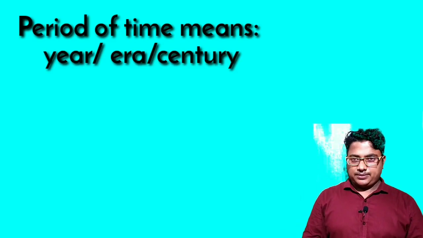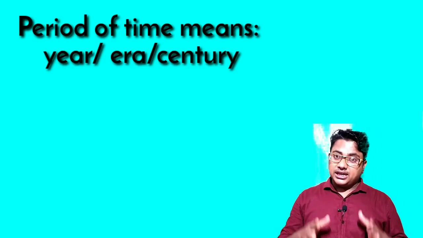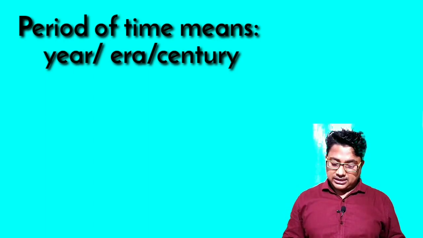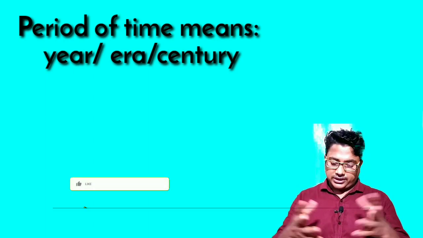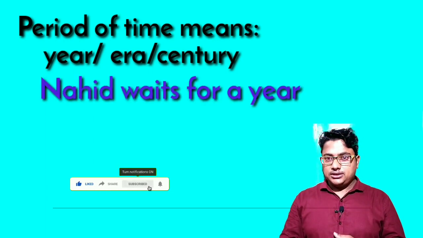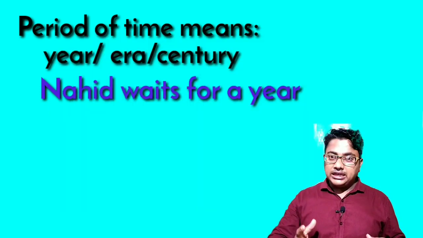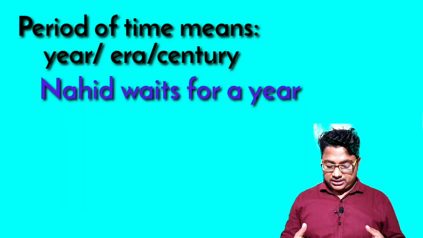Okay. Then another example. Period of time means year, era, centuries. For example, Nahid waits for a year. Okay. How many years? A year. 1 year.